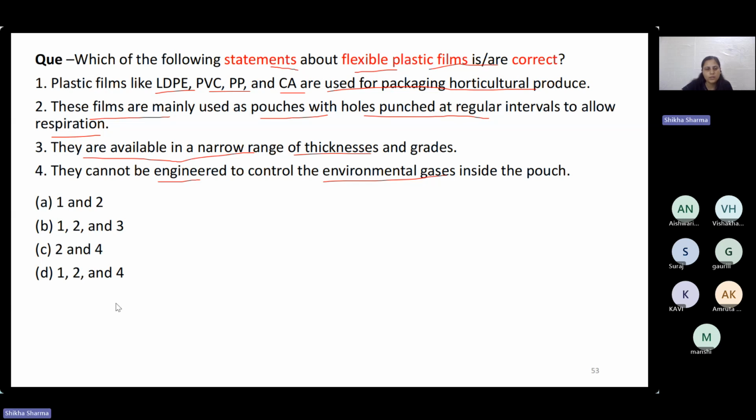Okay, so Suraj is saying D, 1, 2, and 4. Anyone else?